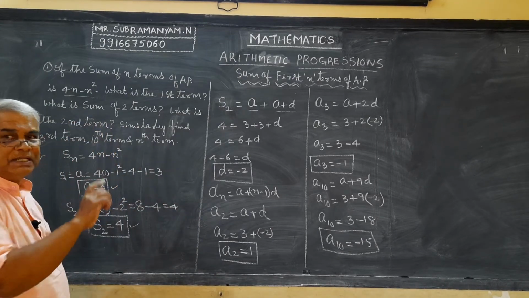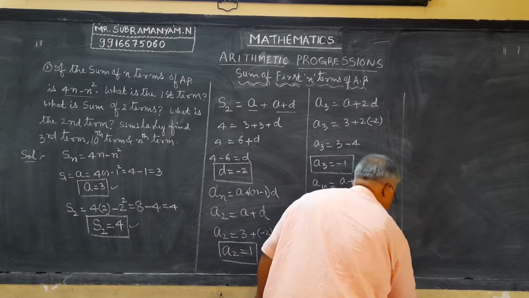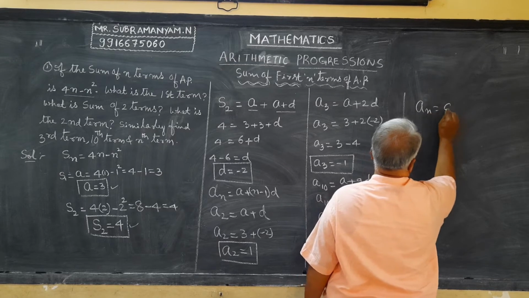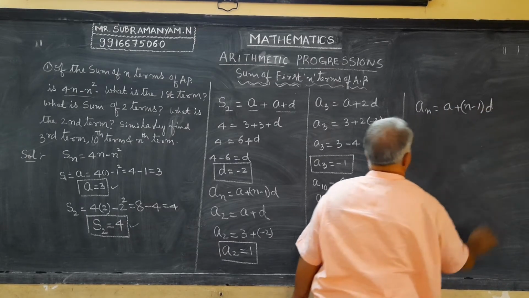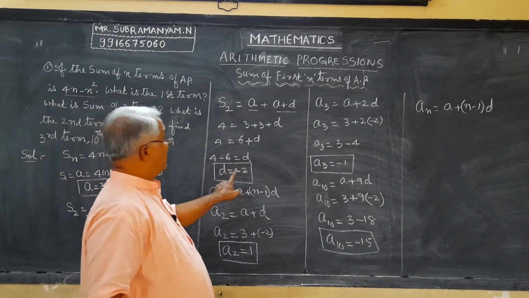Okay. Now, what is the next one? Find the nth term. an equal to a plus n minus 1 into d. Children, we know the value of a and we know the value of d.